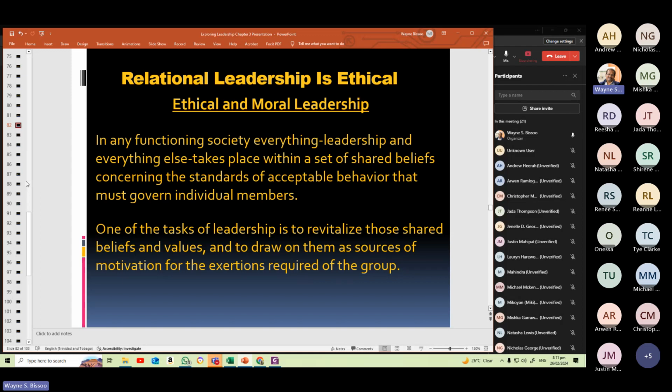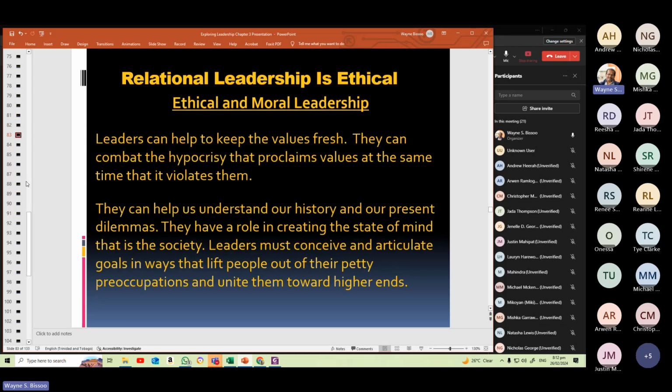Because if we believe that these are the things we expect our politicians to do, then why not the leaders in the arms of the government, the judiciary, the executive, the police force, the teaching services, all of these things start to suffer from this falling value structure that we've surrounded ourselves with and have accepted as being the status quo, and that unfortunately is a reality that is facing a lot of societies around us.